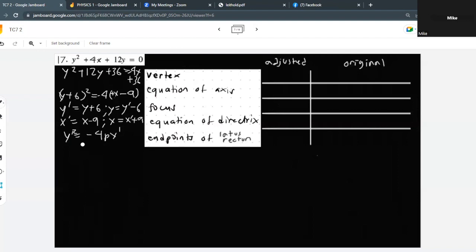Is equal to, tas plus 4px lang yan, di ba? Minus po. Di ba yung p, may sign kasi yung p? So plus 4px, kasi pag 4px, yung assumption dyan, if p is positive, it opens up.